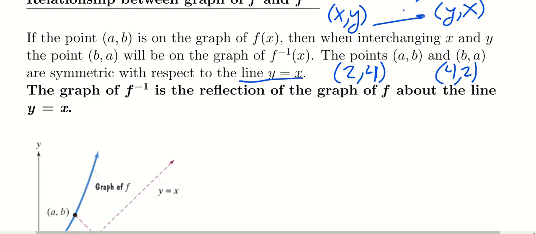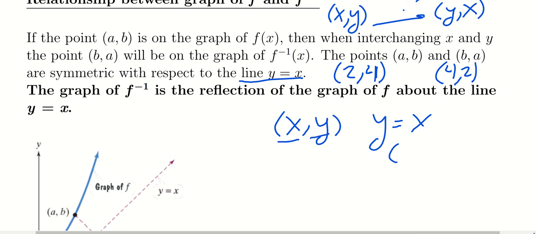The reason why y equals x is a symmetry for the function and its inverse is for the following reason. Let's suppose you have an ordered pair x comma y. The points on the curve y equals x have both the same x and y coordinate.